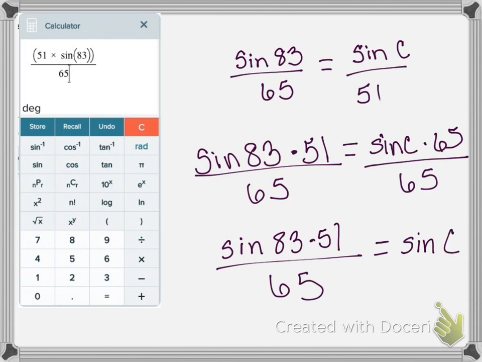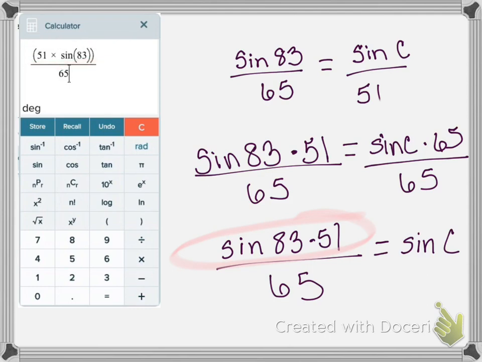Okay, now I have 51 times sine. These are interchangeable, so you're fine on that. I know that I wrote 51 times sine of 83 here, and then I have sine of 83 times 51. So a multiplication property allows us to do that, and that's okay. Be sure you've got your parentheses. That's super, super important.